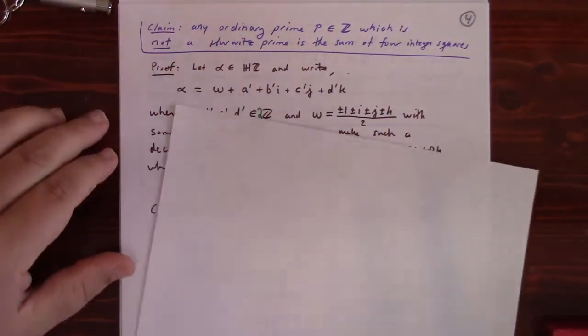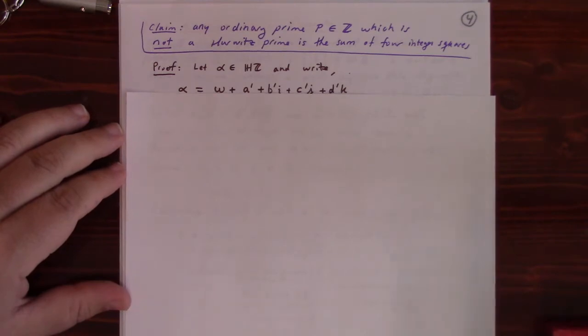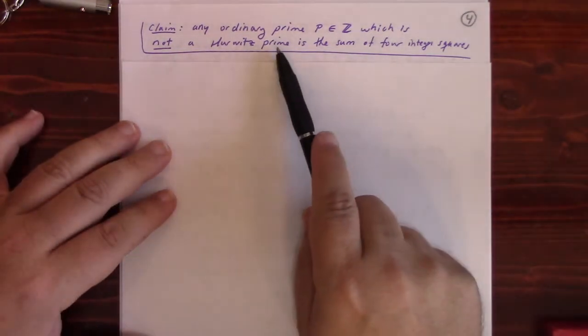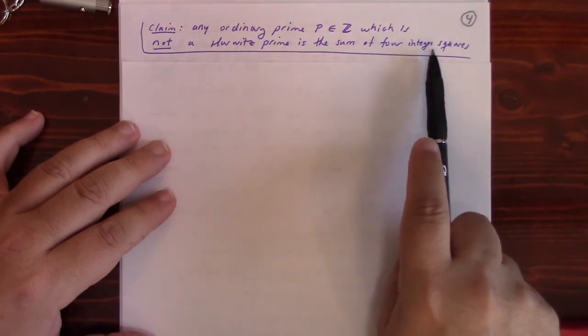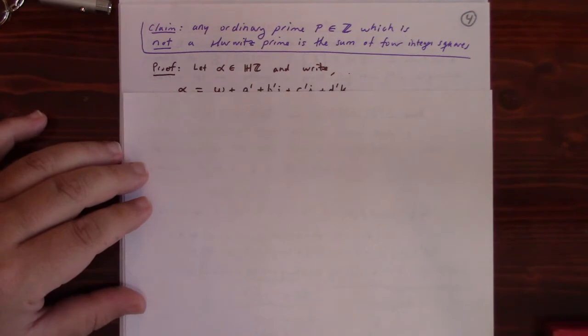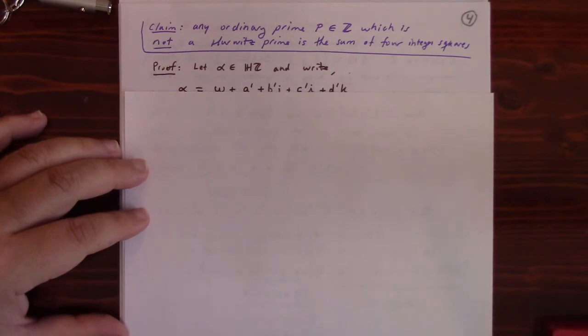Okay. Anyway, an ordinary prime p, which is not a Hurwitz prime, is the sum of 4 integer squares, claim. All right. Isn't that what we just proved? I thought that's what I just proved. p is a prime in Z, which is not a Hurwitz prime.